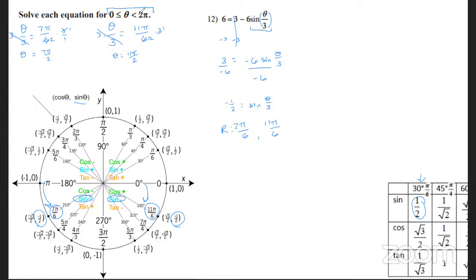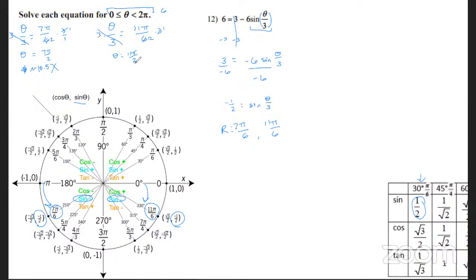So 2 times 3 is 6, and we want to look for something between 0 and 6. For 7 pi over 2, 7 times 3 divided by 2, 21 divided by 2 is 10.5. Is that within the range of 0 and 6? It is not, so that is not a viable option.